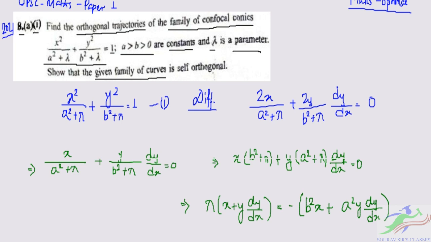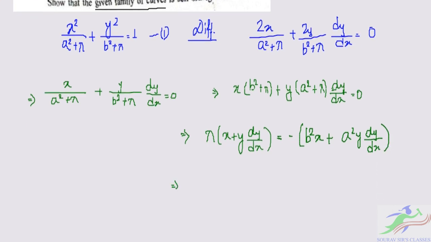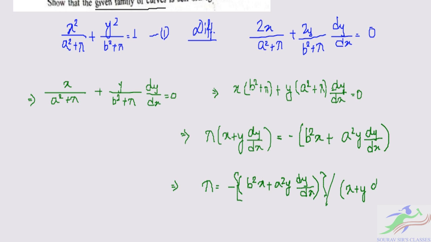Now we keep lambda on one side and everything on the other side, so lambda is equal to minus of b square x plus a square y dy dx, divided by x plus y dy dx.